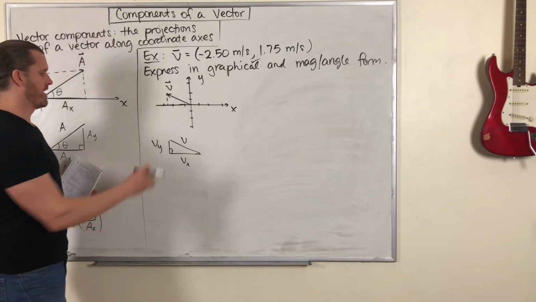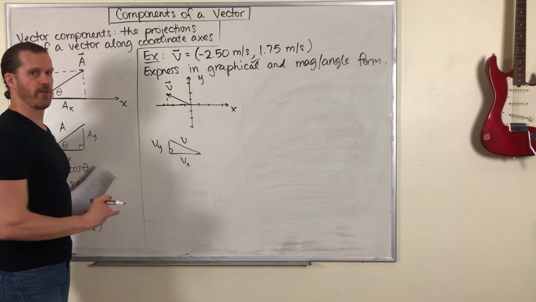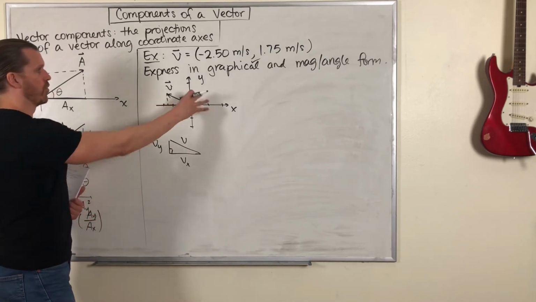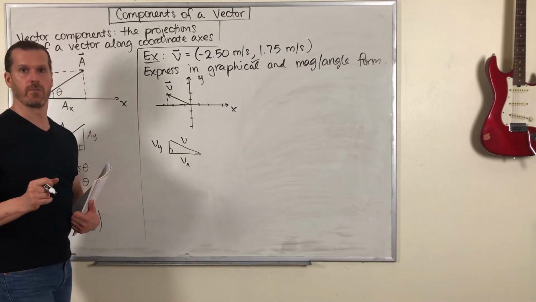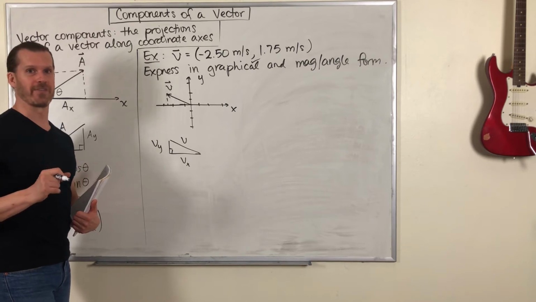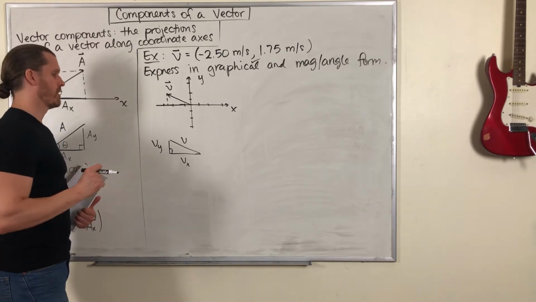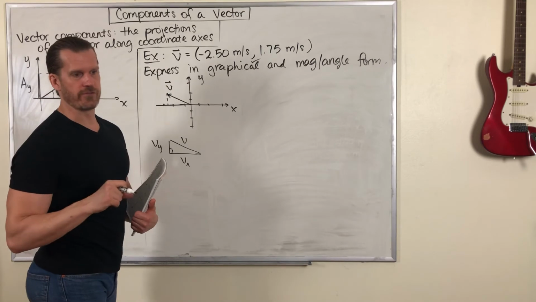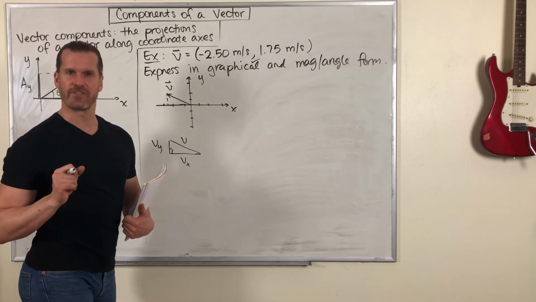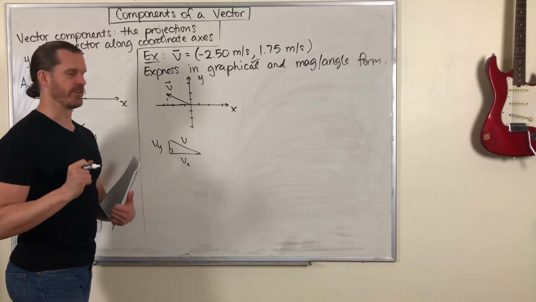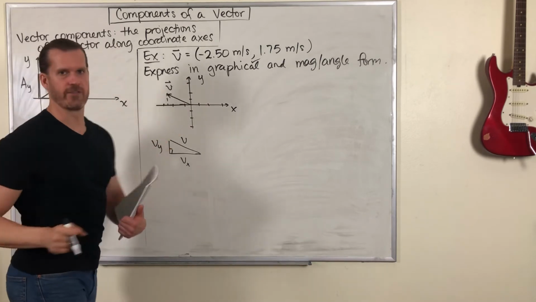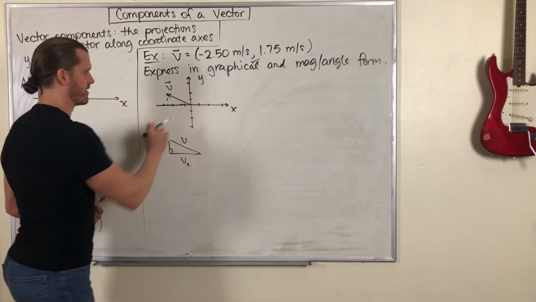And then, once you've figured out the values, go back to your graph and figure out the angle you need. Because you can get in trouble using your calculator to do inverse tangents, because your calculator doesn't know the difference between the second quadrant and the fourth quadrant, and the first quadrant and the third quadrant.